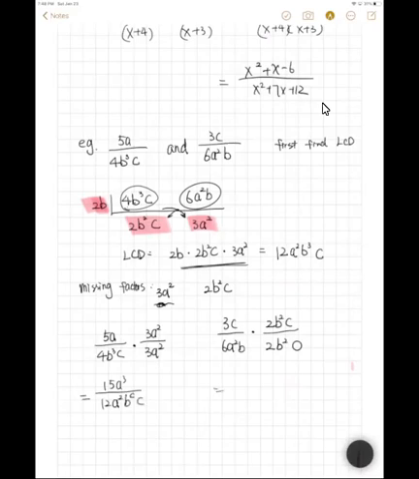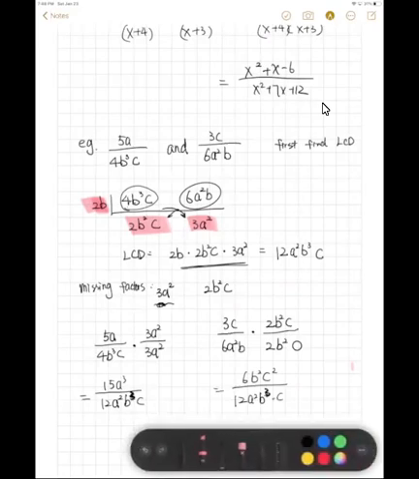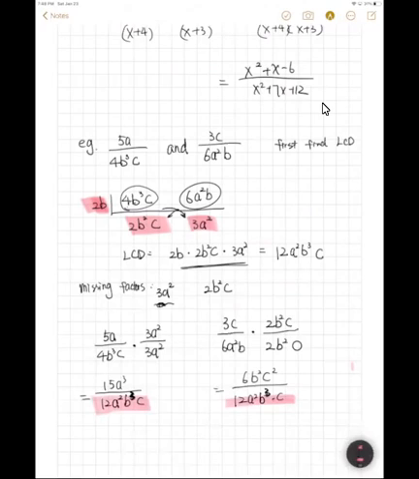The second term, I will end up with 6b squared c squared over 12a squared b to the cube, oops, b to the cube times c. Look, these two have a common factor now after we build up the fractions.